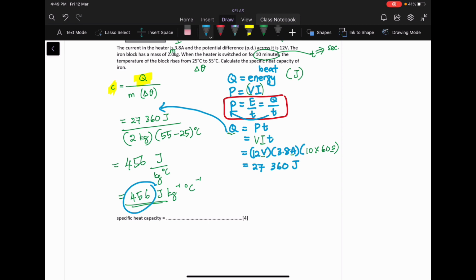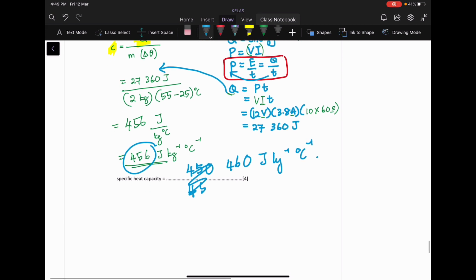So usually we'll round this off. It shouldn't be 450, it should be 460, joule per kg per degree Celsius, if it's rounded off.